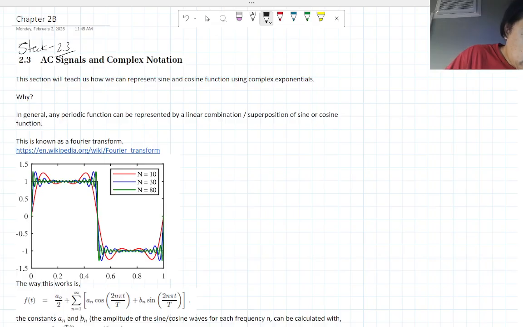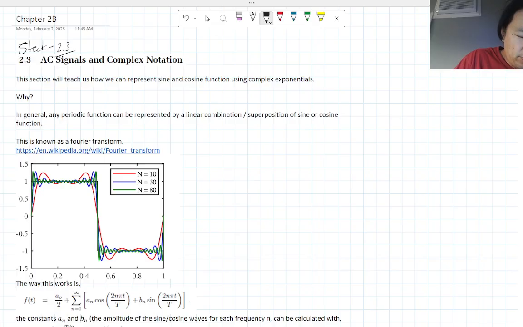Okay, so this section is going to teach us how we can represent sine and cosine function as complex exponentials. But first of all, why are we so interested in sine and cosine function? I mean, are we just all into triangles and stuff like that? What's actually important about sine and cosine function is that's how information gets sent back and forth.